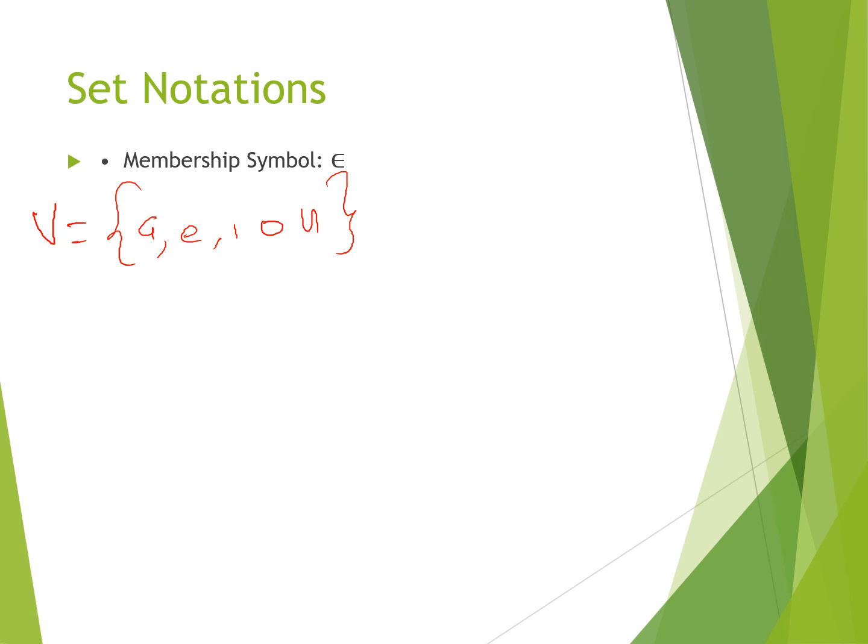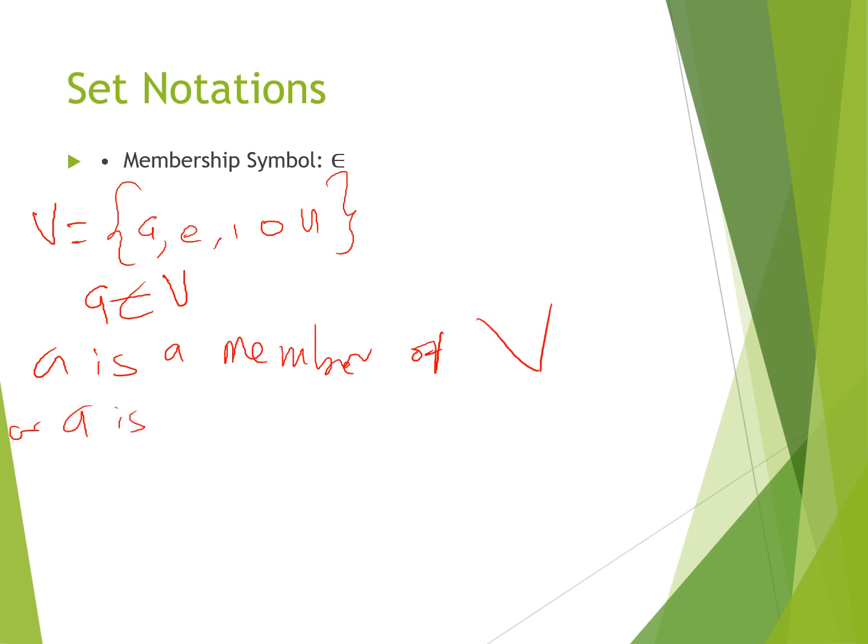Instead of writing it in long grammar, I will just use A, then this symbol, and then V. It means A is a member of set V, or A belongs to V. So this symbol means belongs to, or is a member of. Did you understand?